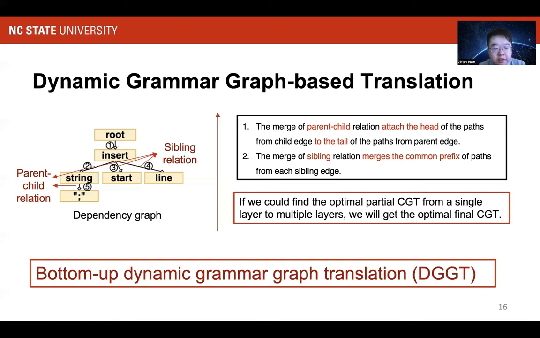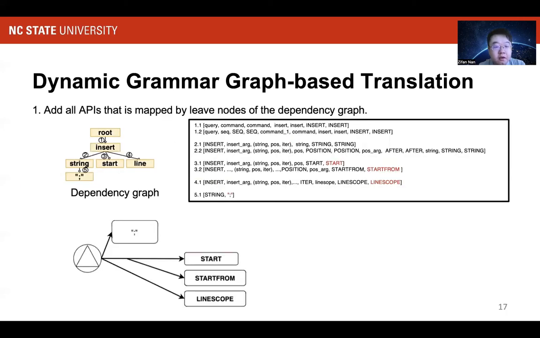Based on this idea, we create the bottom-up dynamic grammar graph translation, also called the DGGT algorithm. The first step of the DGGT algorithm adds all APIs that are mapped by the leaf nodes of the dependency graph. For example, the semicolon here and the start-from and line-scope-starting-start-from are the APIs for the keyword start.